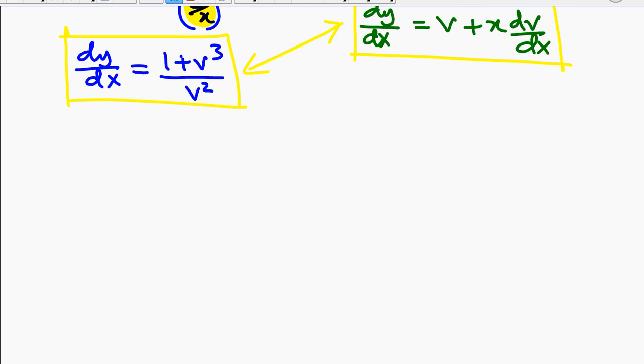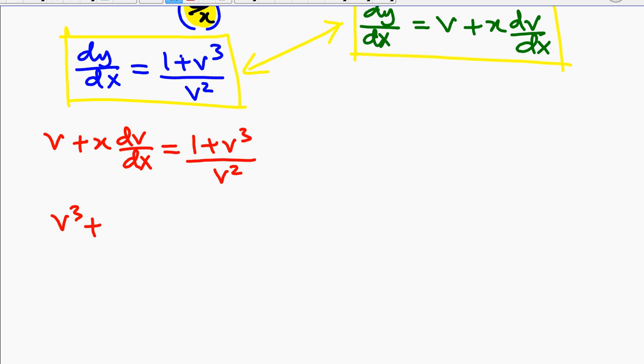If we equate them, we'll end up with v plus x dv over dx will be equal to (1 plus v cubed) over v squared. Now multiply both sides by v squared, so v cubed plus v squared x dv over dx will be equal to 1 plus v cubed.